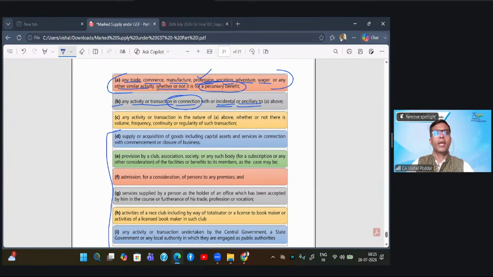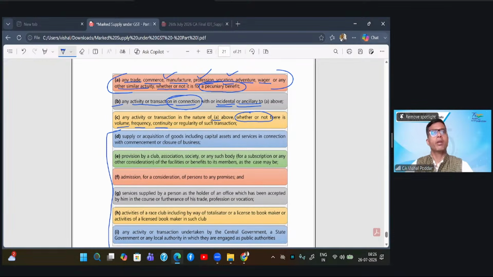Then activity or transaction in the nature of A. So again, they are talking about the main part. What is this C part saying? It is just clarifying that whatever you have done in A, it may or may not be done regularly, in volume, in frequency, continuity, makes no difference.